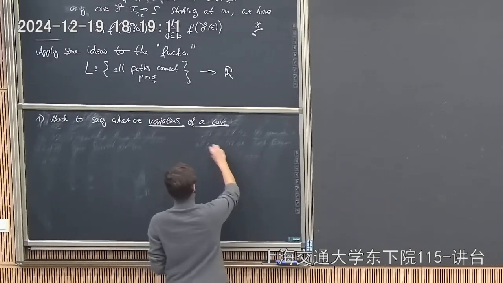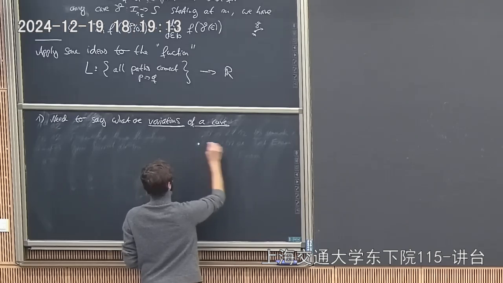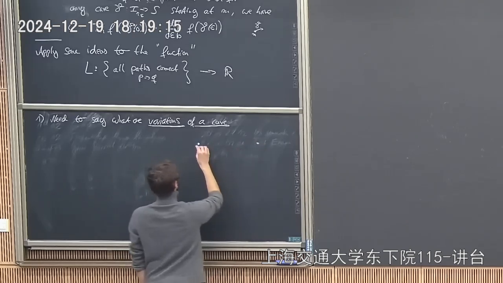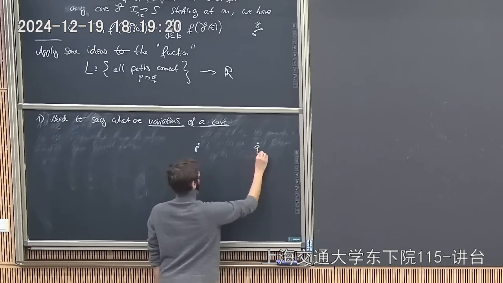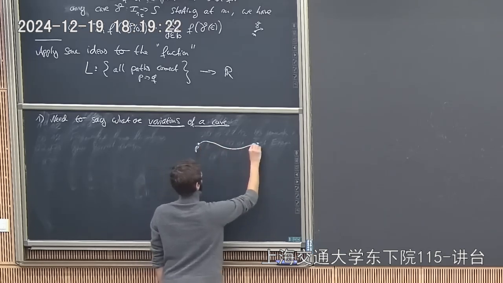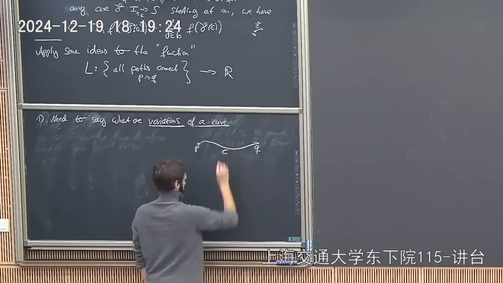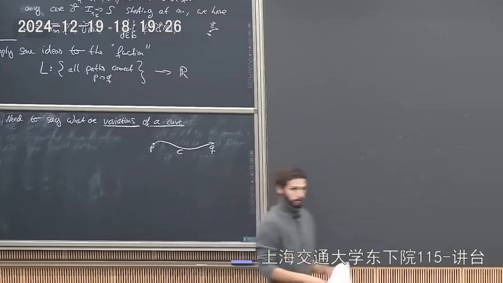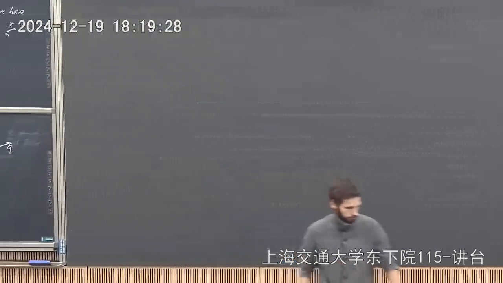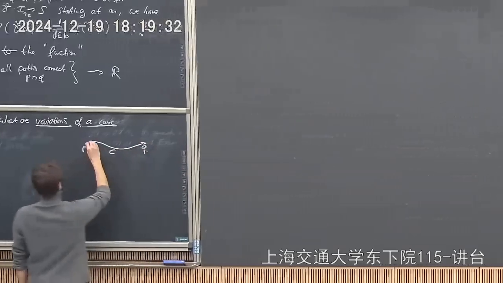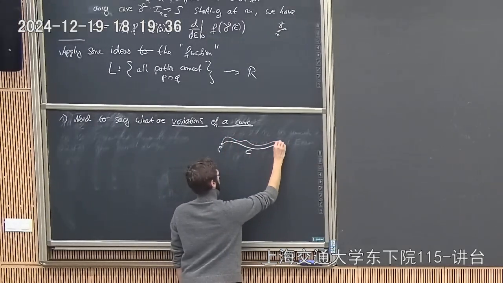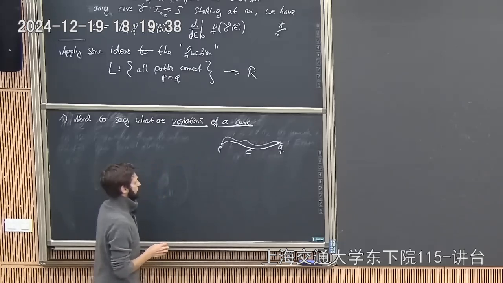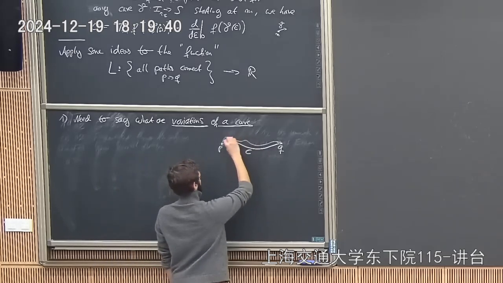So in a picture, you can think of that we have P and Q, two fixed points, and then we look at one curve that connects these two points. Now we would like to say what the variation of that is. So you fix the endpoints, and then you have a curve that looks a little bit like the original curve, but changes.